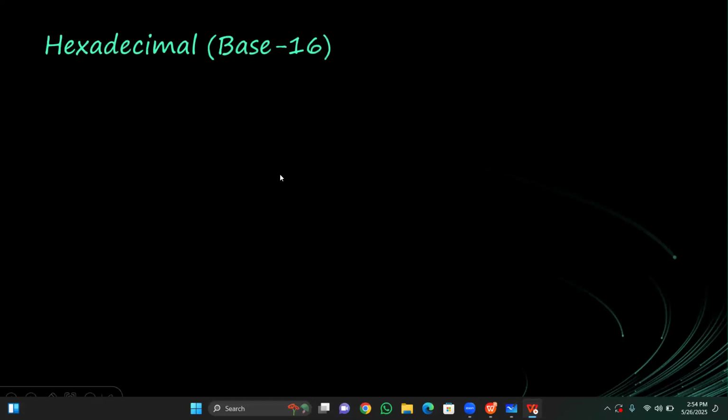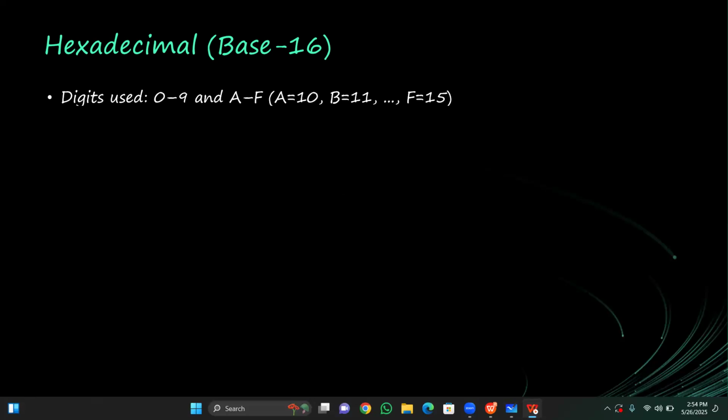We also have hexadecimal, where we use digits between 0 to 9 and then A to F. So A is 10, B is 11, C is 12, D is 13, and so on.